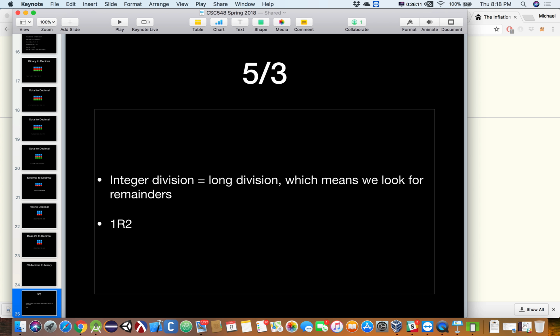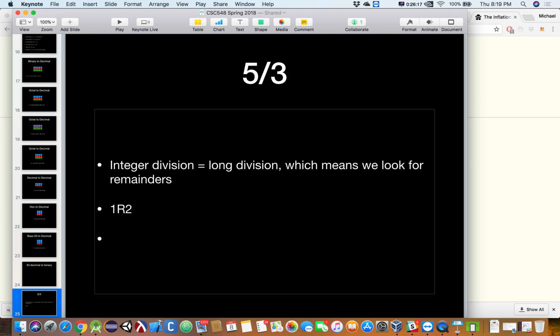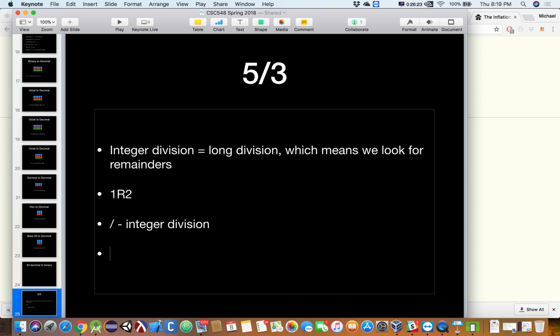Make sense? So how do we accomplish long division in our modern programming languages? Well, we use a slash for integer division, and we usually use a percent symbol for modulo, or the remainder.